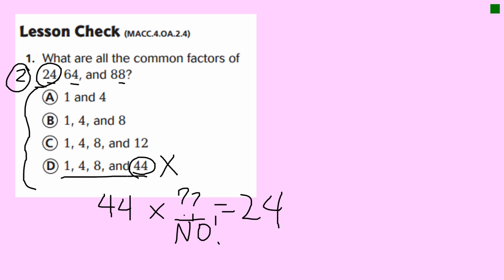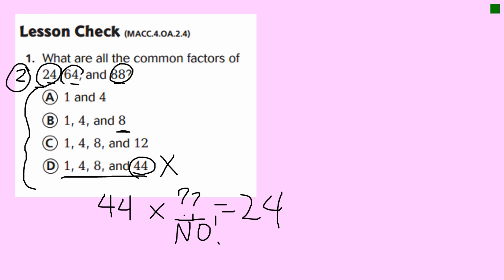Now, when I look at A and I see 1 and 4, that's only 2 factors. I don't know if that's correct because it seems like these would have more than just 2. Do you agree with me? Because when I think about 8, I know 8 times 11 is 88.